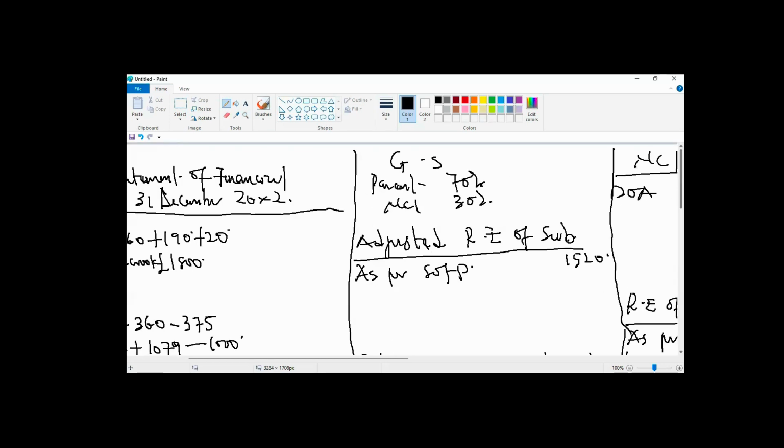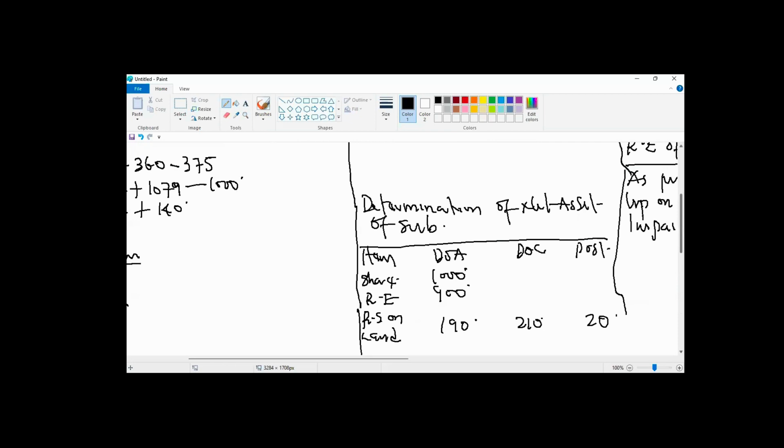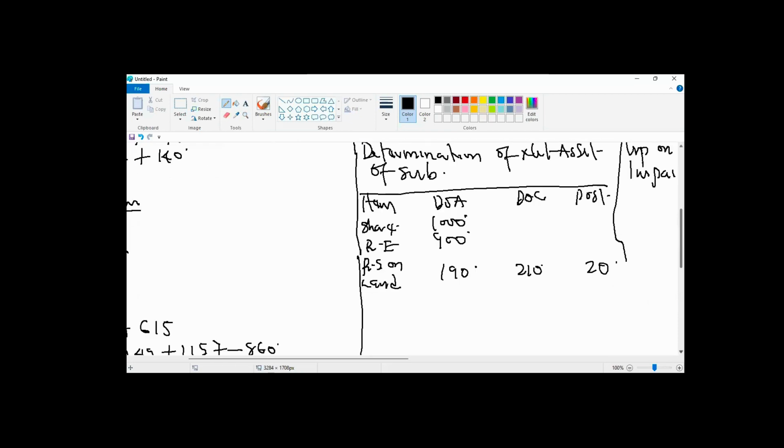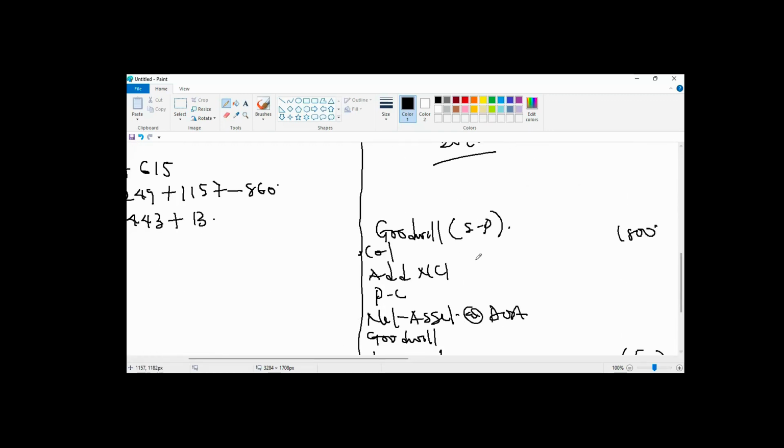What is my net asset? 2090. Non-controlling interest based on the share proportionate method: 0.3 times 2090. That gives 627.